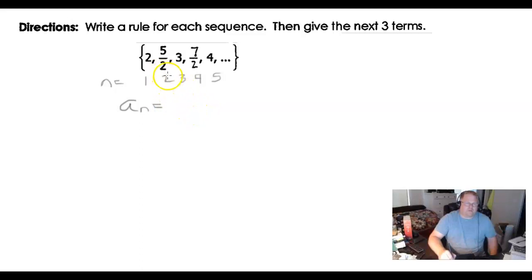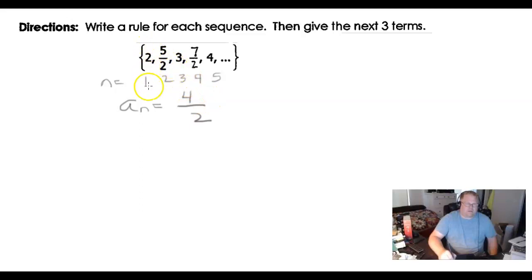Alright, so when it's 1, I get 2. So let's see, I don't know. Well, this must be divided by 2. Because I gotta get this, it's the first term, and I gotta get 2. This has gotta be a 4 somehow.